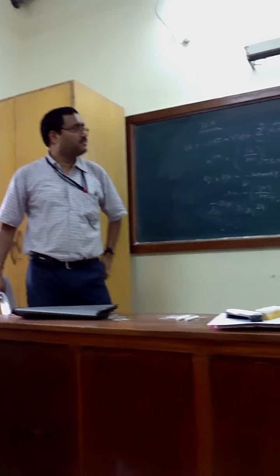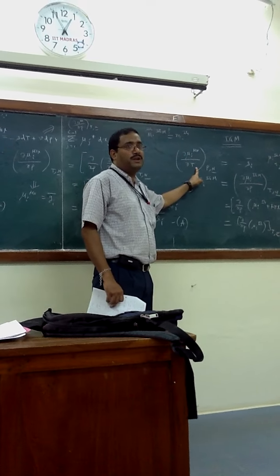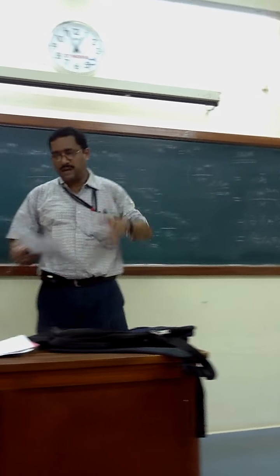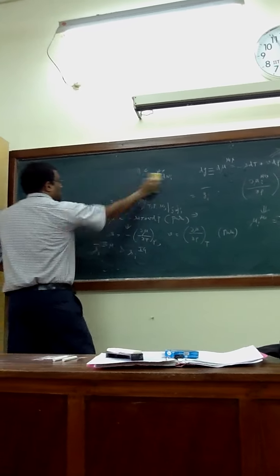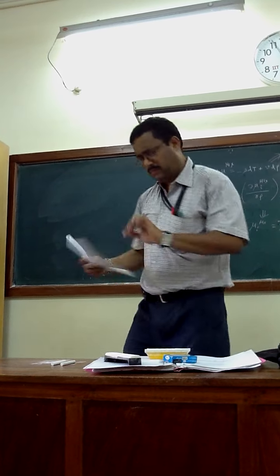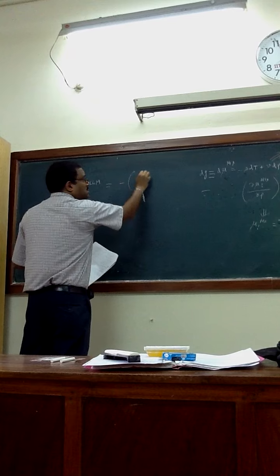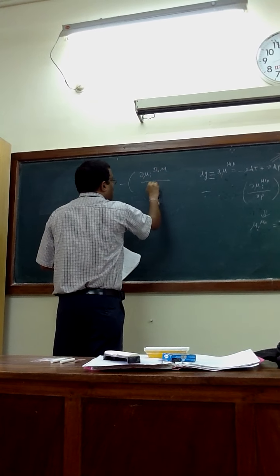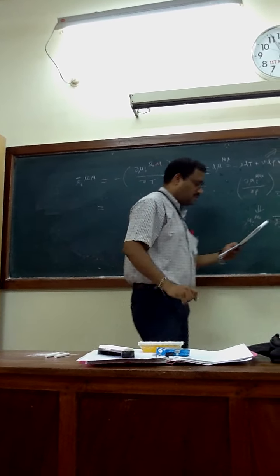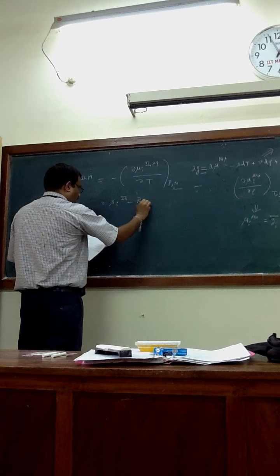S_i bar ig mixture is what? It is minus ∂μ_i^igm/∂T at constant P and n bar. For this ideal gas mixture, S_i bar igm equals S_i^ig minus R ln x_i.